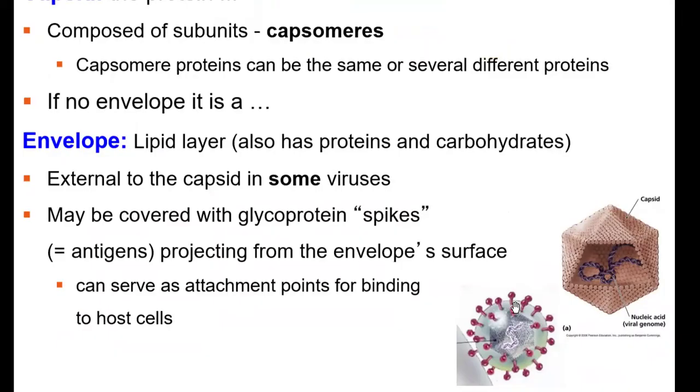An antigen is something on the outside of a virus that the host organism sees and then mounts an immune response against. So this virus will have the spike being the molecules that the host animal will see, recognize, and then mount an immune response against.